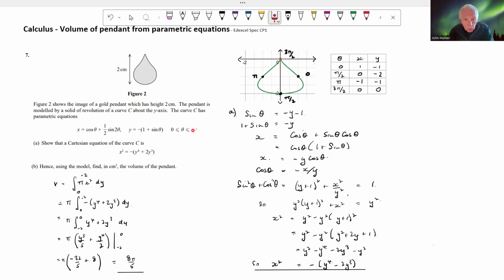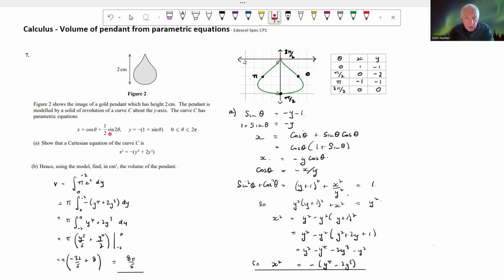So when we look at the y equation, we can write it like that, and in particular, 1 plus sine theta equals minus y. That's what that is. Look at the x equals cos theta. Well, sine 2 theta, that's the double angle formula, isn't it?